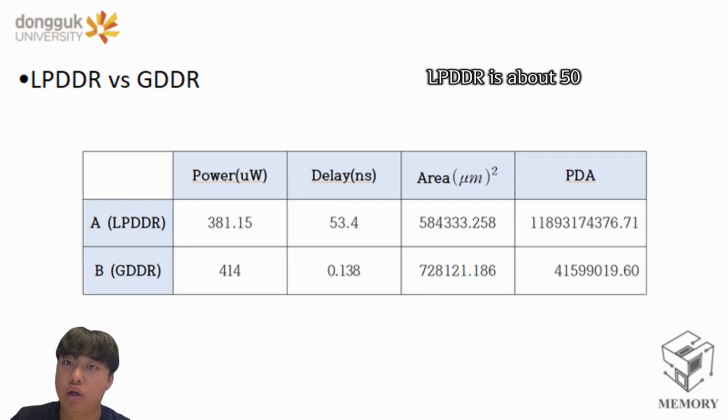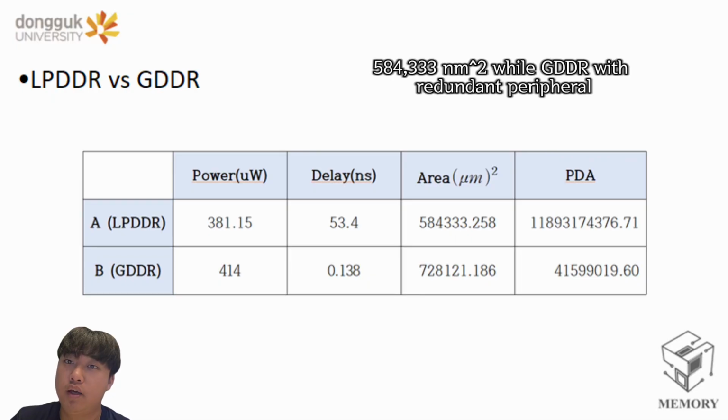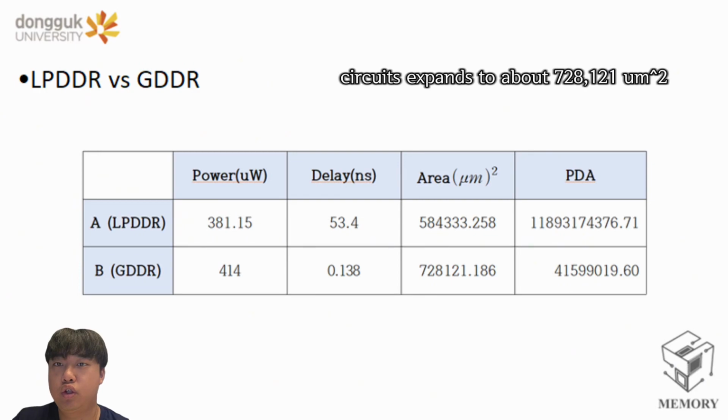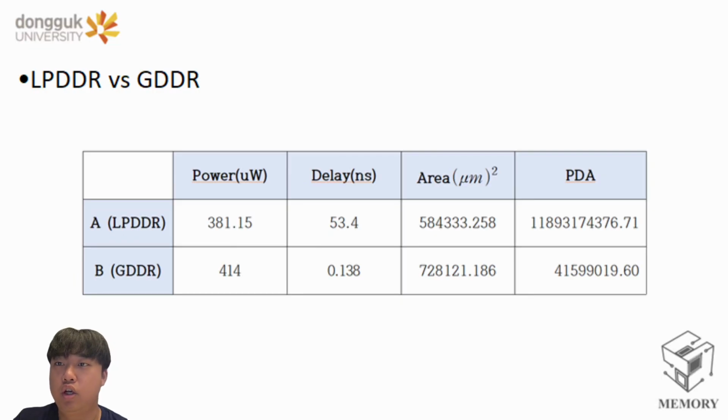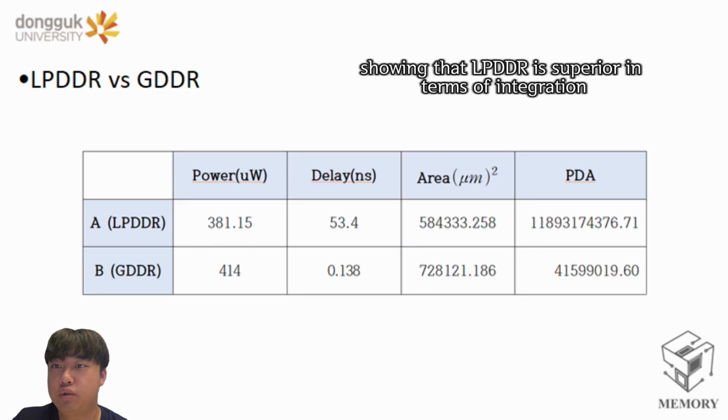LPDDR is about 584,333 square micrometers, while GDDR with redundant peripheral circuits expands to about 728,121 square micrometers, showing that LPDDR is superior in terms of integration.